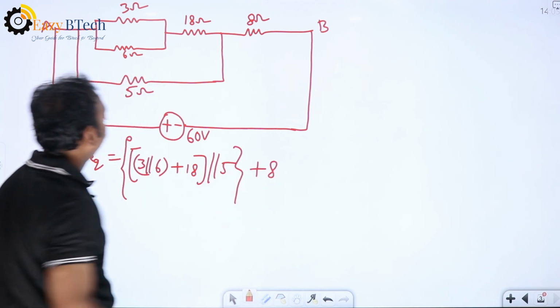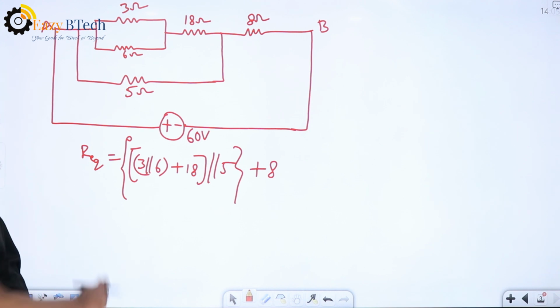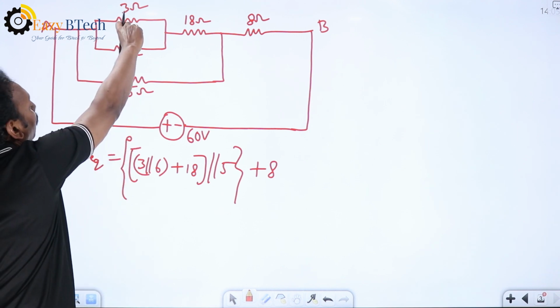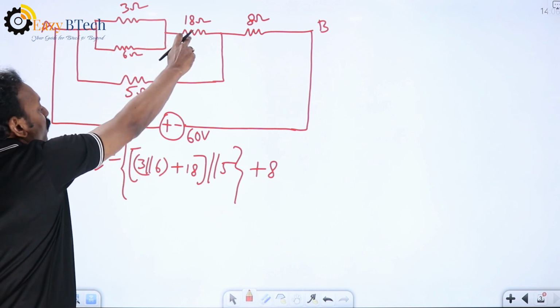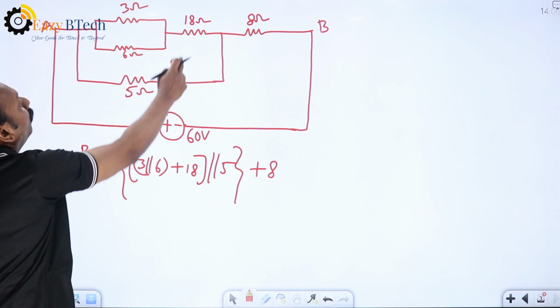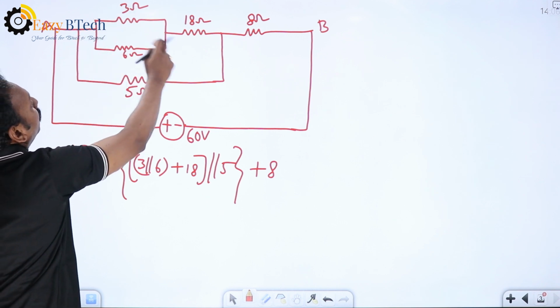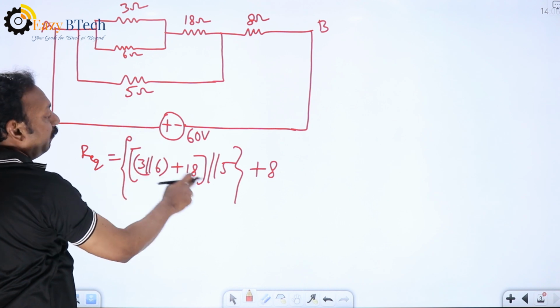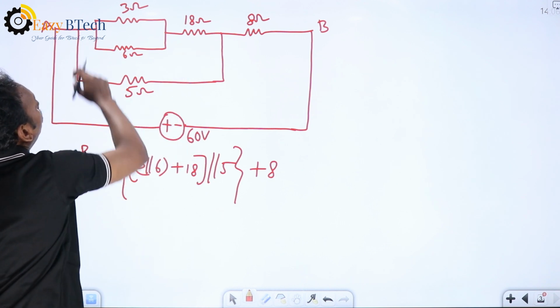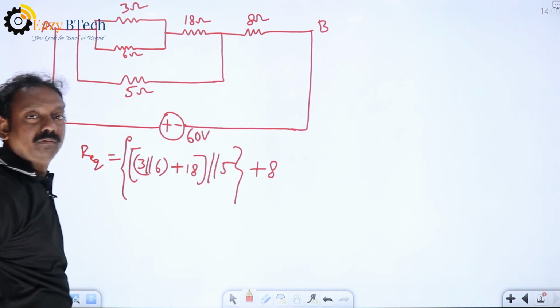Is it clear? First 3 and 6 are parallel. This combination is in series with 18. Now, up to this one, 3 and 6 you get 2, 2 plus 18, 20. 20 is parallel to 5. Again, the whole combination is in series with 8.